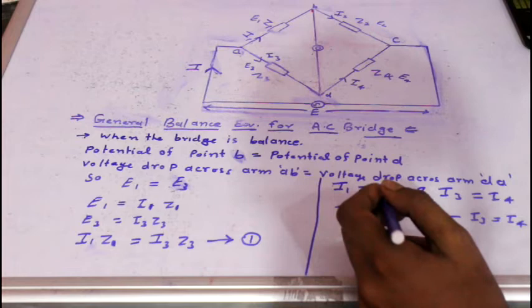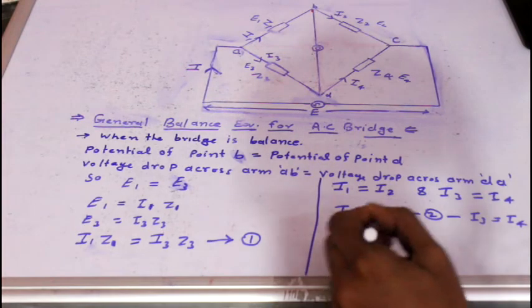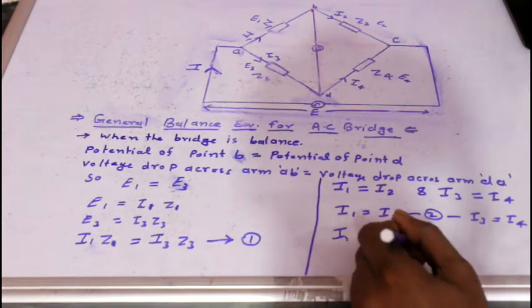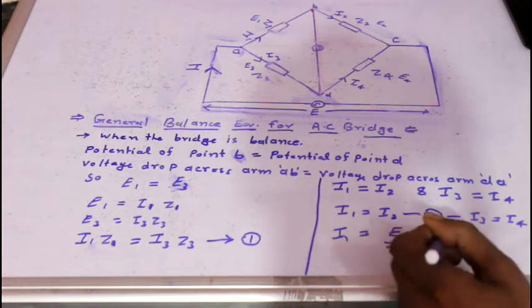Now we can write the value of I1 is equal to E by Z1 plus Z2.